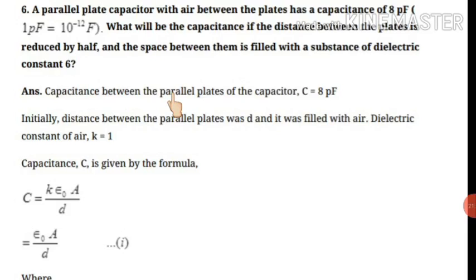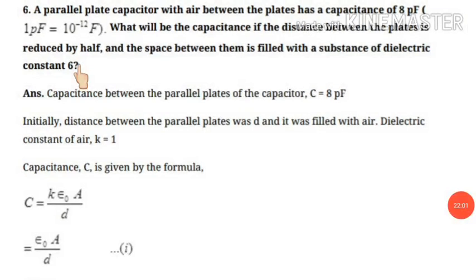Actually, when air was there, capacitance is 8 picofarad. Now they have given two conditions. If the distance is reduced by half, it means initially it was D, now it is D by 2, and a dielectric medium whose dielectric constant is 6 is also introduced.